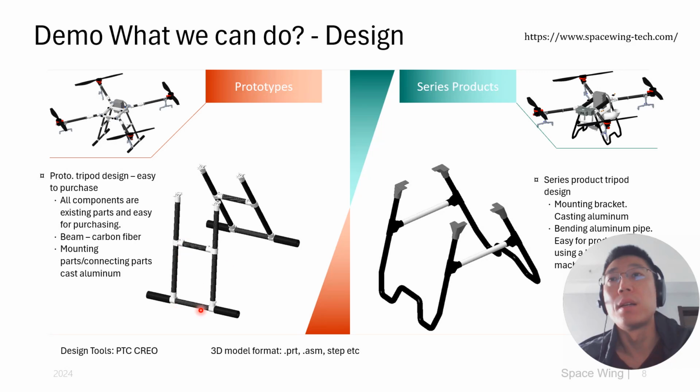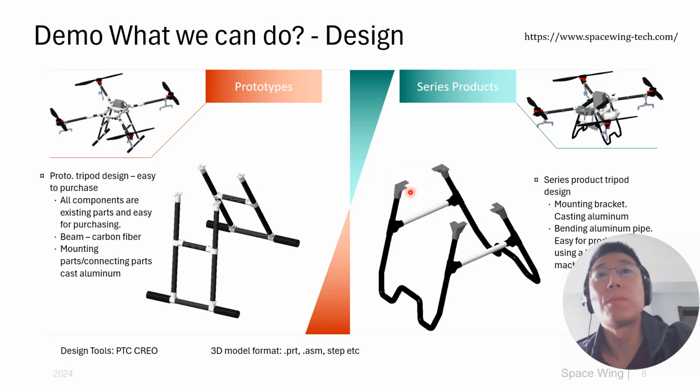For this bar, it's carbon fiber. For the series production, we will use aluminum pipe. We need to use a bending machine to bend it. From the series production perspective, it's easy to build, but from the prototype perspective, it's very complex. Also, this is a newly built part.